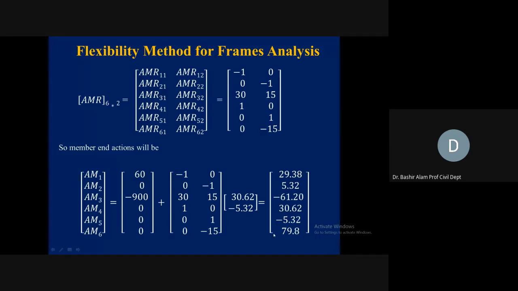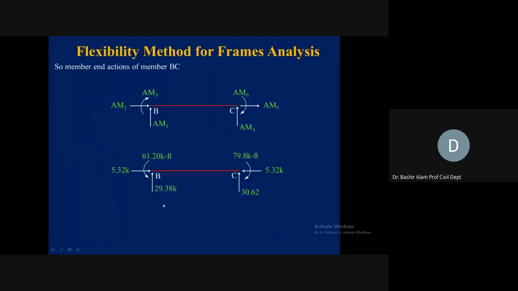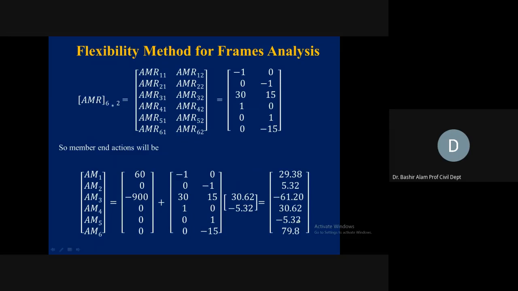Now we need to put this on the member. So here we have all these member end forces. Let's see if this 5.3, this was our AM5, so it should be negative. Why? We have reversed the direction. So you see -5. This is AM5.